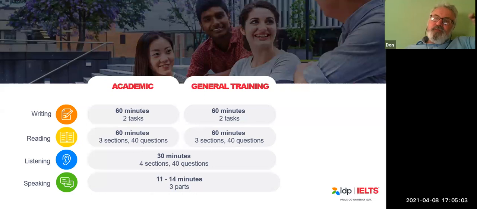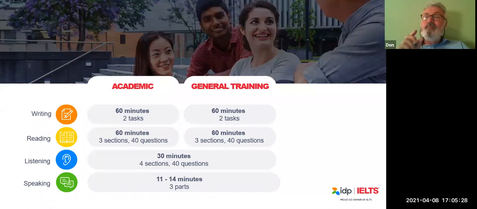If you are doing the paper-based test in Australia, you will do the writing first. But if you're doing the test in Bangladesh or in South America or in Europe or somewhere else, the writing will be the last part of the written test.